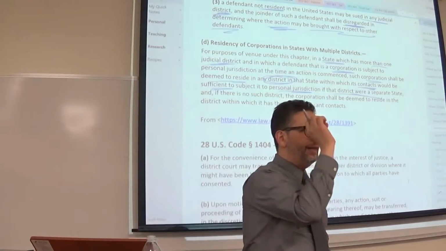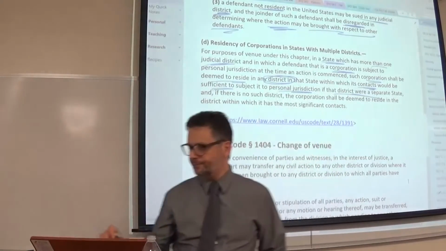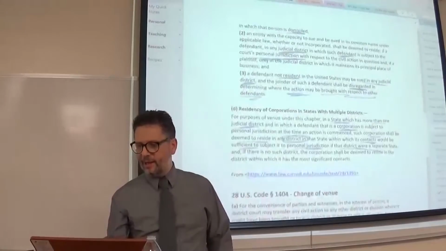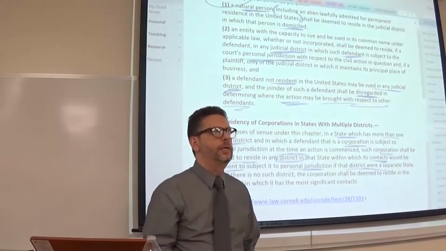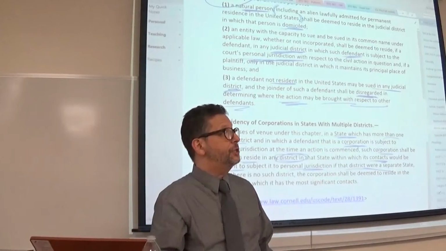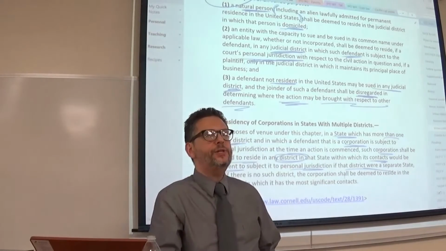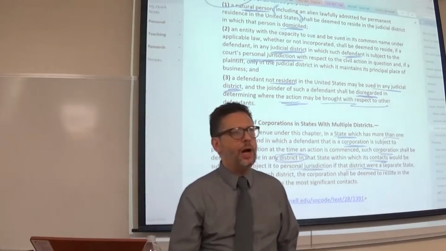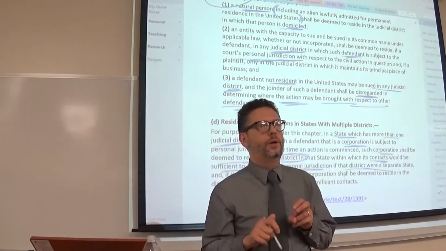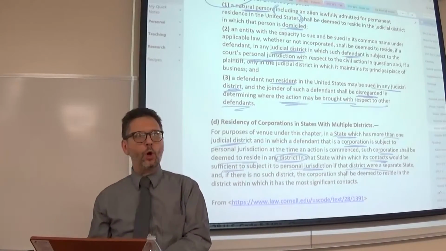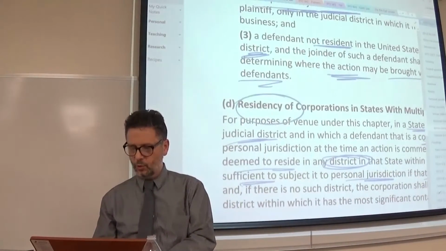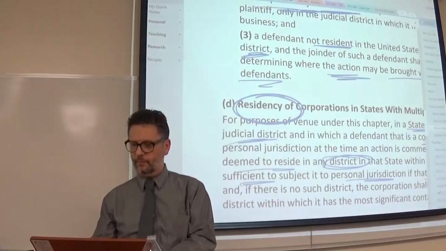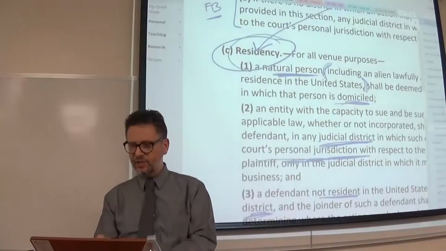Now, last point on corporations here. The whole point of this whole thing about where somebody is domiciled, where a corporation is subject to PJ, that's not to determine venue. That's to determine one word only: residency. Residency.